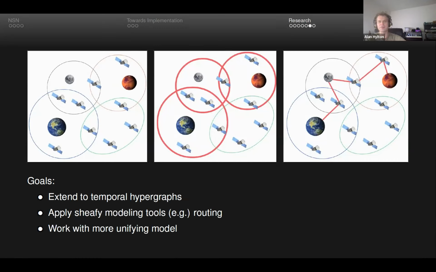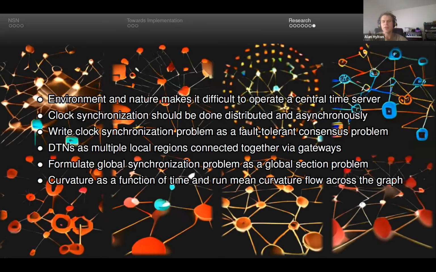It turns out there's a lot of active research from many different organizations in hypergraphs, especially for communication. So it also creates better overlap with everything from NIST to the Pacific Northwest National Labs and even greater academic collaboration. And then the other thing, I'm not going to read this to you. We asked an AI to draw time synchronization in a delay tolerant network, and that's what it looked like.